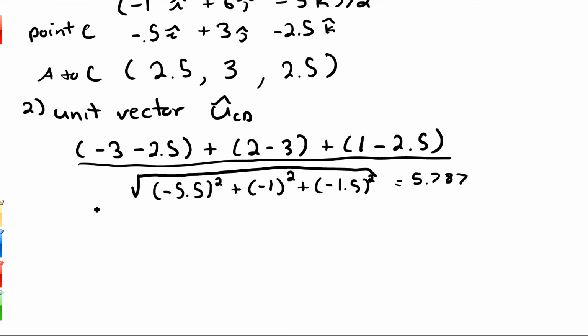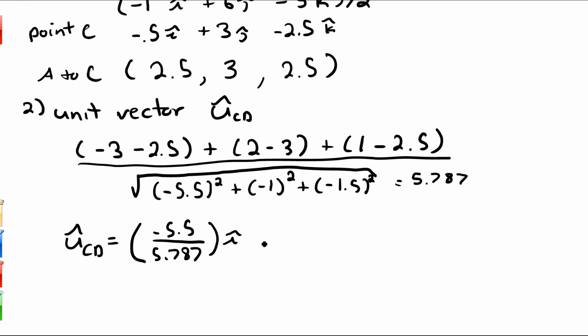So now we're ready to write out our unit vector CD. So our u hat CD is going to be equal to negative 5.5 divided by 5.787. This is in the I direction, plus a negative 1 over 5.787.